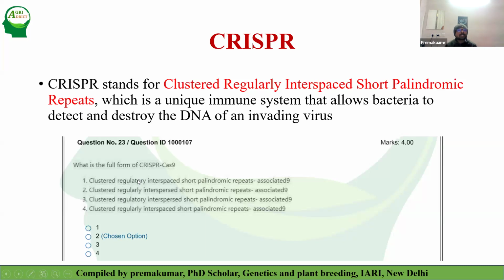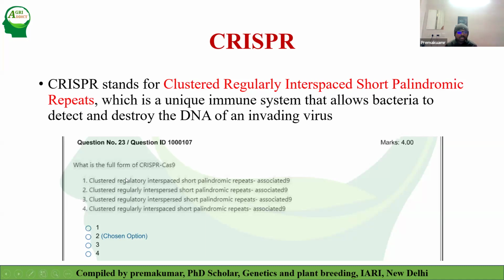I was not that conscious about reading this. That's why in the exam consciousness is very, very important. Even though you know everything, you may make mistakes if you are not attentive in the exam.